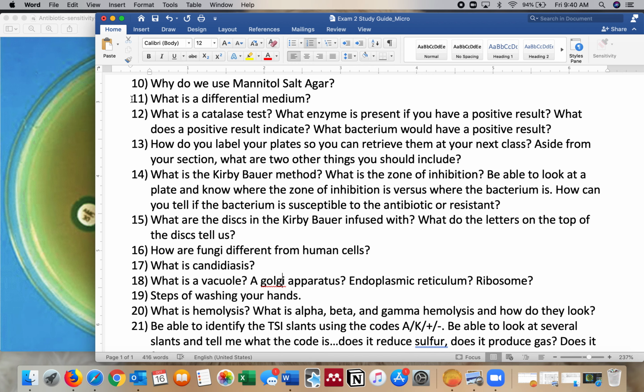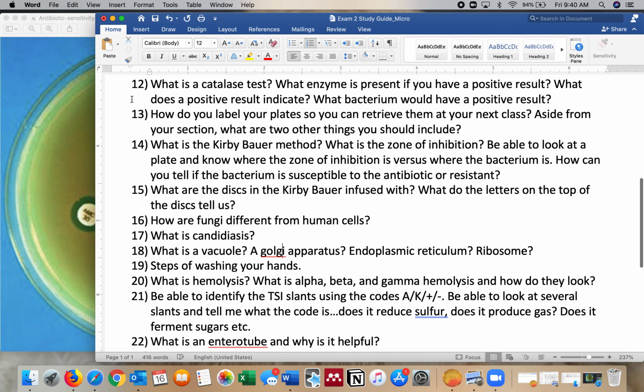Okay, 12. This is also from lab 8. Catalase test. What enzyme is present if you have a positive result? For catalase to show a positive result, you need the enzyme catalase, okay? And catalase is going to break H2O2, or hydrogen peroxide, down into water and oxygen.